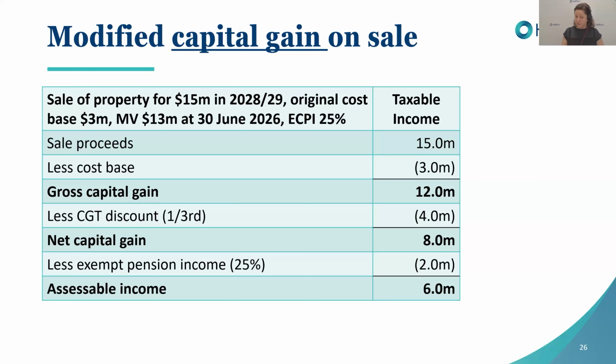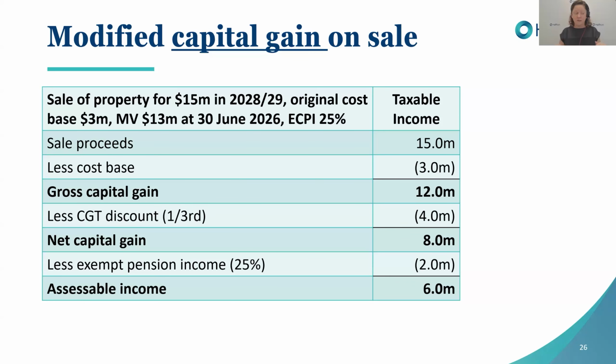Its market value was $13 million at 30 June 2026. And then we sell this asset, a property, for $15 million in 28-29. And this fund's in pension phase, and the actuary has said that 25% of the fund's income is exempt from tax. So from the point of view of the fund's actual tax calculation, we've got sale proceeds of $15 million.